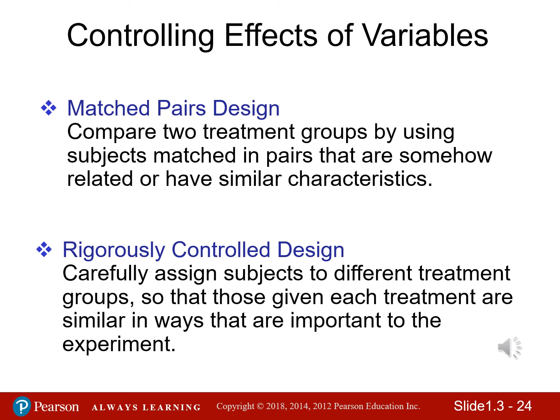An example would be if you want to have a full-time student who is male, taking only night classes, has a full-time job, and has children in one of the treatment groups, then you need to have that same type of student getting the other treatment. This type of design is hard to implement since you don't know how many differentiations you would use.